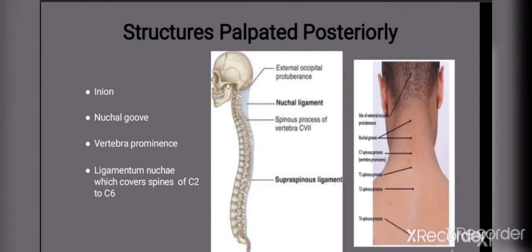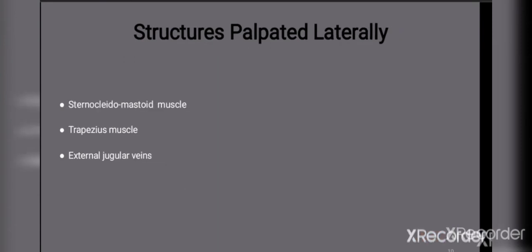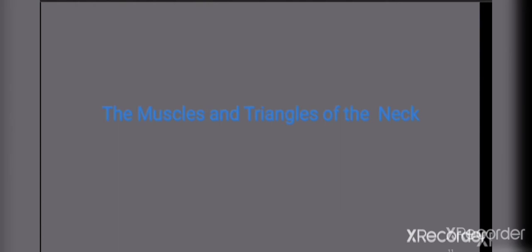On the posterior side of the neck, the structures which can be palpated are the inion, nuchal groove, vertebra prominens, and ligamentum nuchae, which covers the spines of C2 to C6 vertebra. On the lateral side of the neck, we have sternocleidomastoid, trapezius, and external jugular veins.